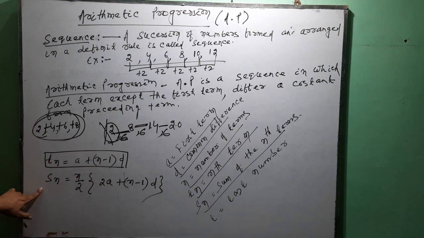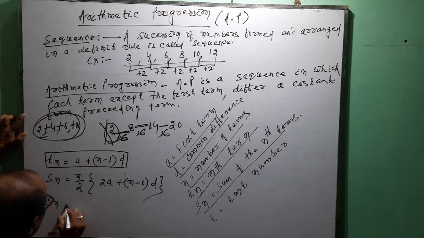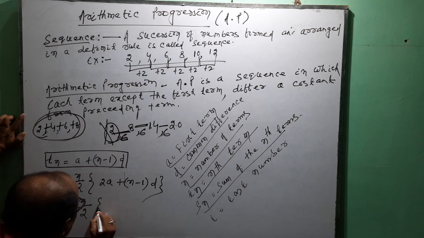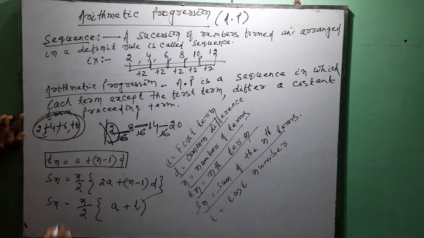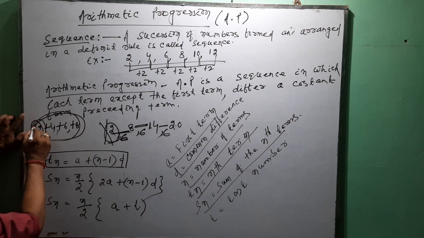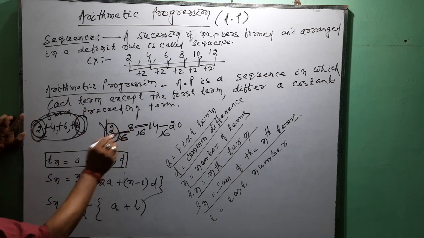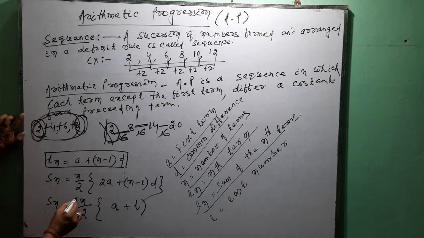This is Sn, the sum of the n terms. Then the second formula for Sn is n by 2 whole into a plus l. Here a is the first term and l is the last term. If in a question the first term and the last term are given, then Sn is n by 2 whole into a plus l.